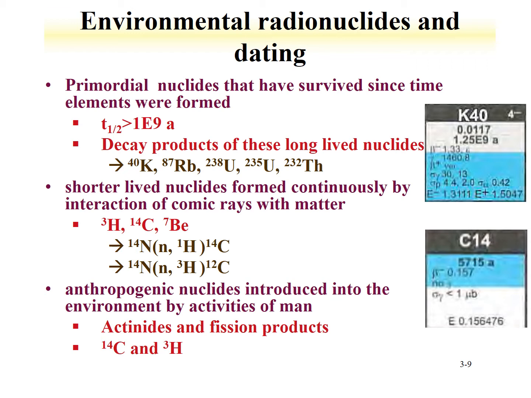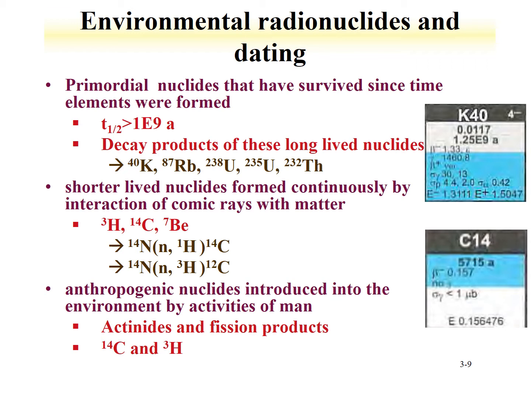Now there are also shorter-lived radionuclides that are formed from continuous reactions of cosmic rays with matter. For instance, tritium, carbon-14, beryllium-7. Here's the data from the chart of the nuclides for carbon-14. Its half-life is 5,000 years. Obviously, any of the carbon-14 that was originally deposited on Earth during its formation billions of years ago has long since decayed.